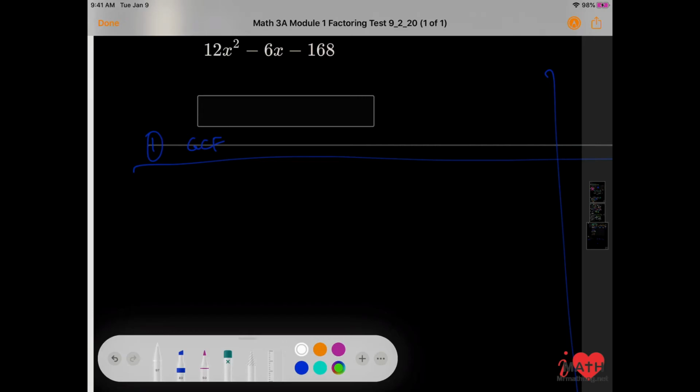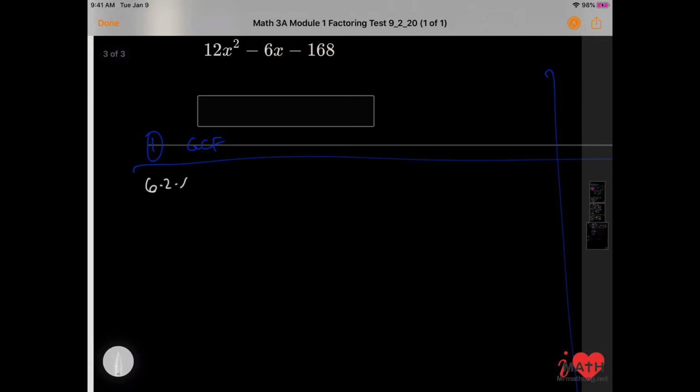Okay, so what are the factors of 12? I'm going to forget the 168, but the 6 there looks like it's a hint. So let's try 6. And -1 times 6 times x. I'm going to pull out my calculator. I'll let you use calculators. So I have 168 divided by 6 on my calculator gives me -1, because anytime you see a negative, just put -1.